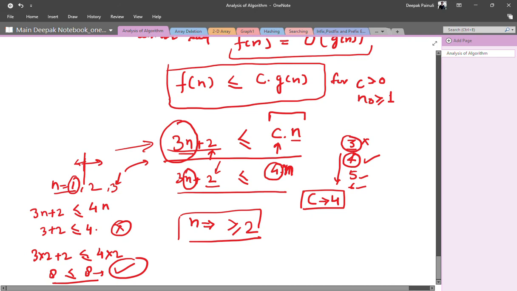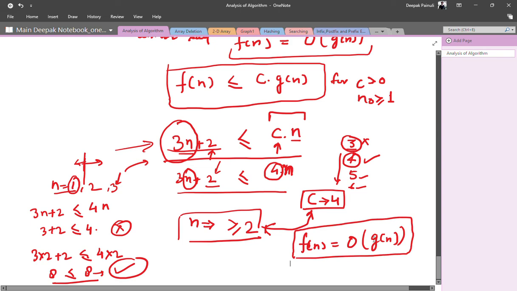So if these two are the case, then we can say that fn is big O of function gn. That's what we want to prove.